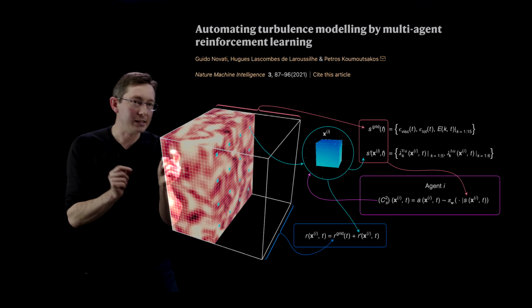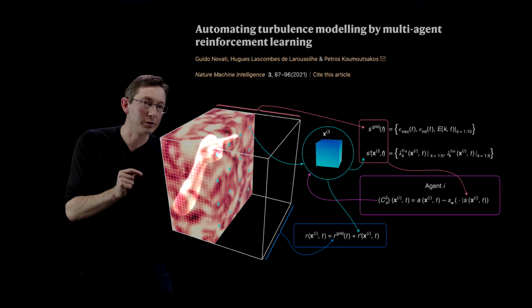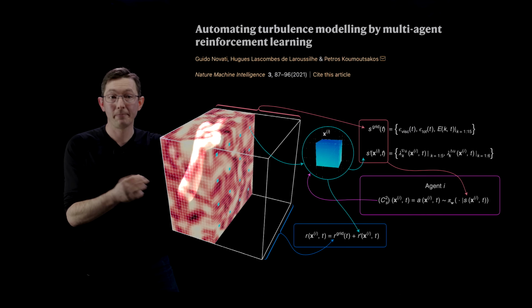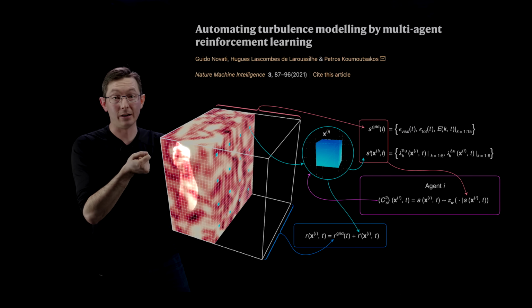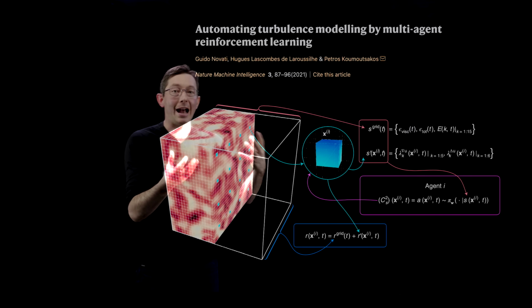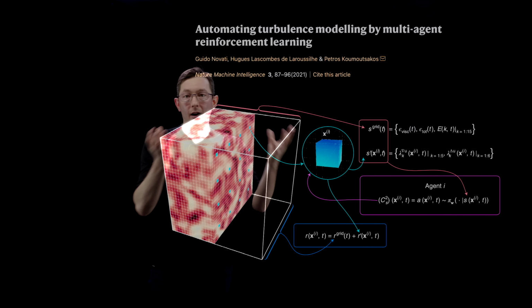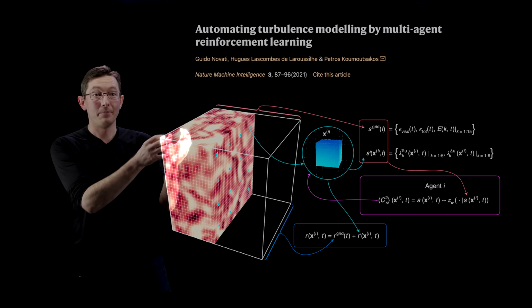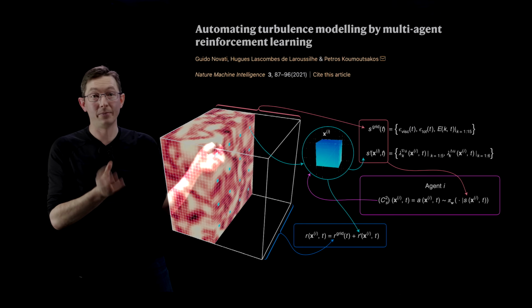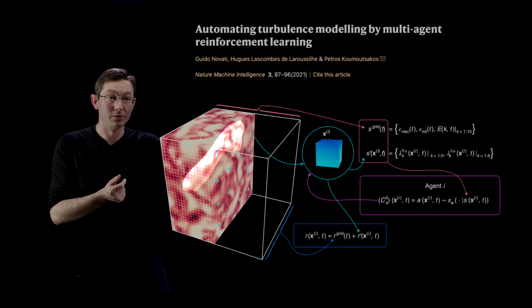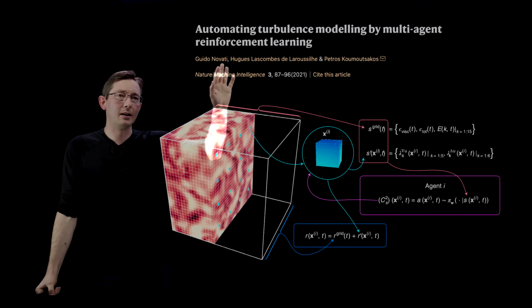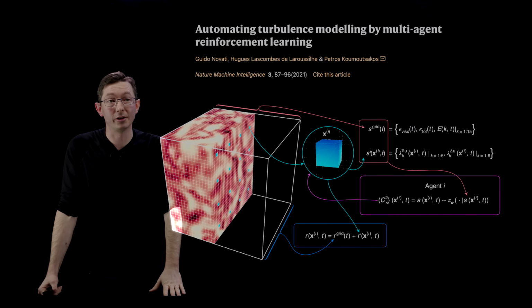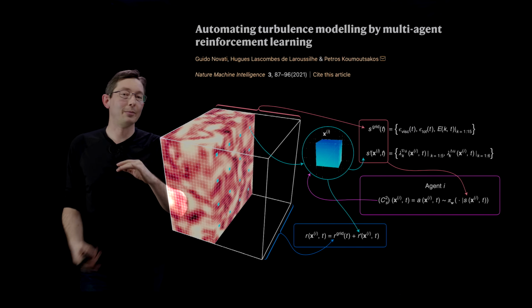They massively coarsen the grid to just these blue points, and then, using multi-agent reinforcement learning, they learn the interactions that would capture and resolve the physics happening at all these red squares that are under-resolved if you just use blue squares on a coarse grid.